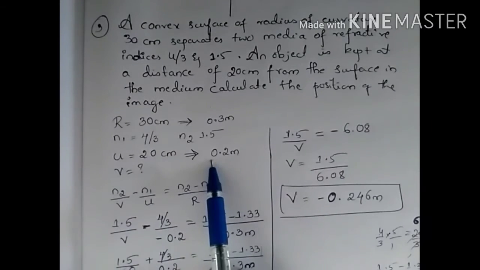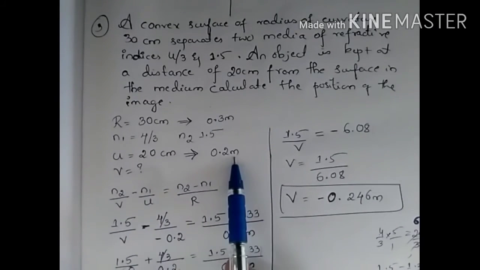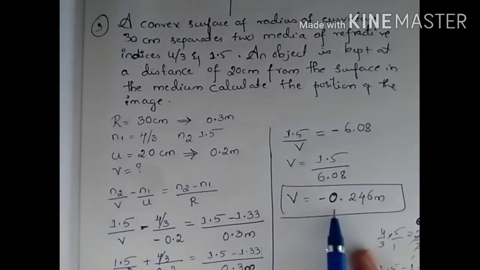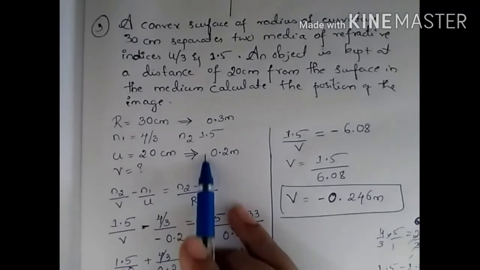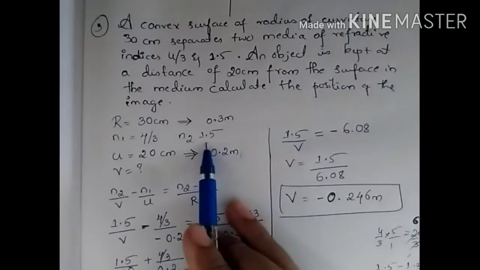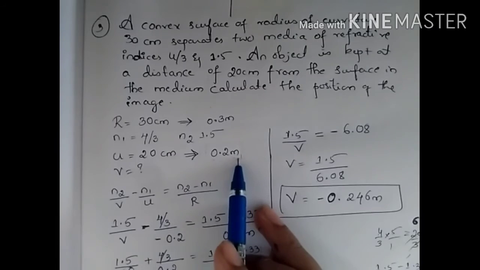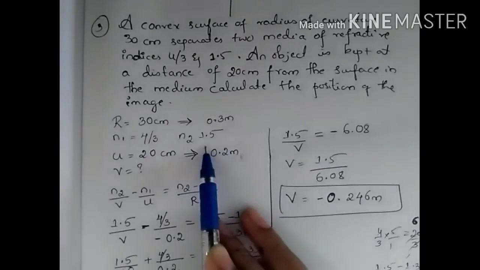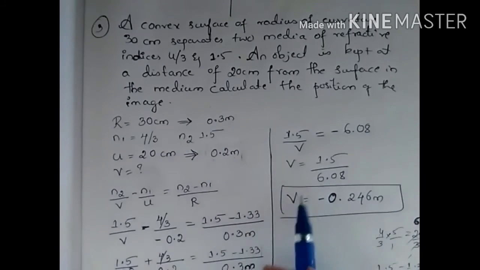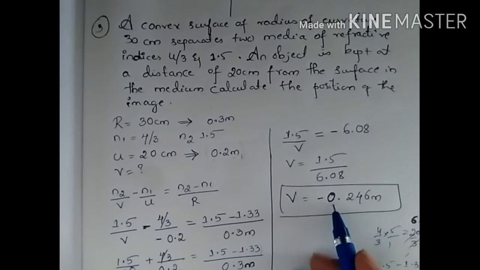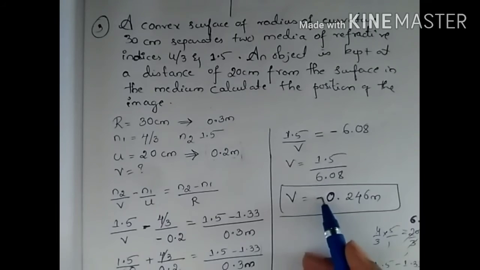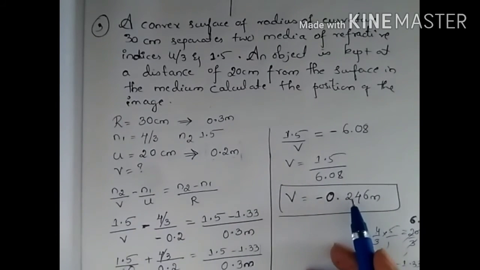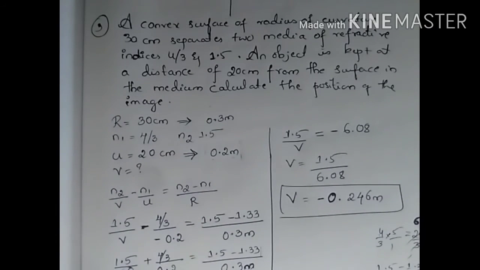So if you have the object at 0.2 meter, then the image distance will be somewhere around minus 0.246 meters.